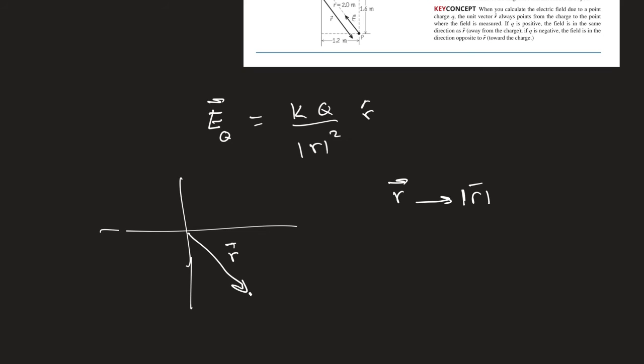So if we want to find the electrical field at the position r, what we have to find is the vector r first. The second step, we find the magnitude of r. And the third step, find the unitary vector little r.